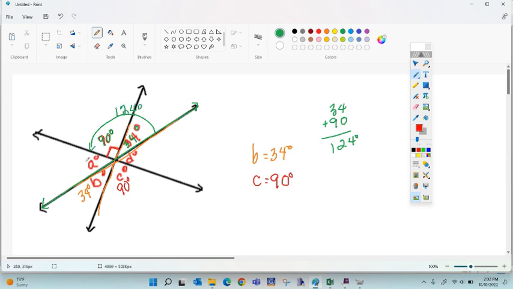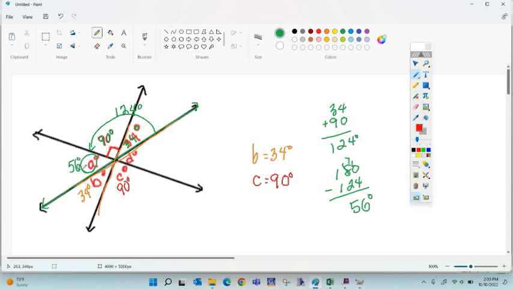So I'm trying to find this other piece for what makes A. So I'm going to take 180 minus the 124 and get 56 degrees in here.